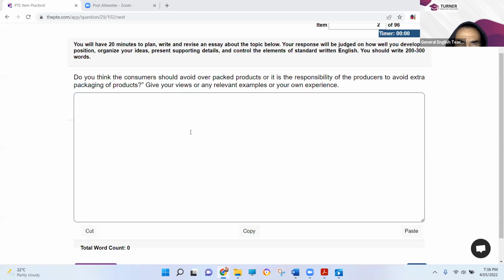Yogita's. The effect of extra packaging, which has always been debatable, has now become even more controversial. Very good. The long-lasting influence of overpacked products. Okay, you can have it in inverted commas like this, or just overpacked products. That's fine. However, we usually use it when we want to keep the structure.